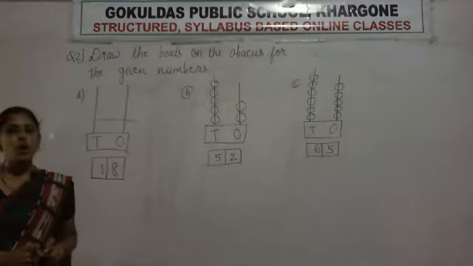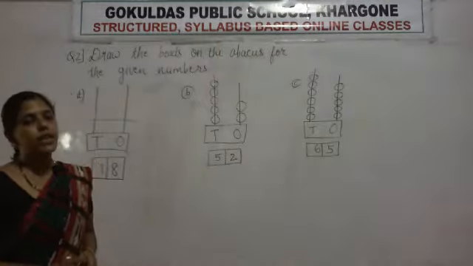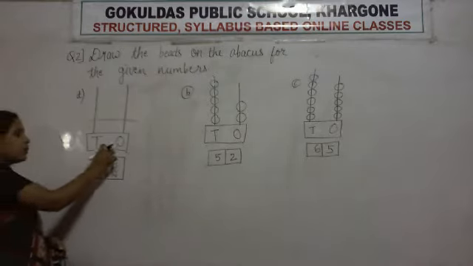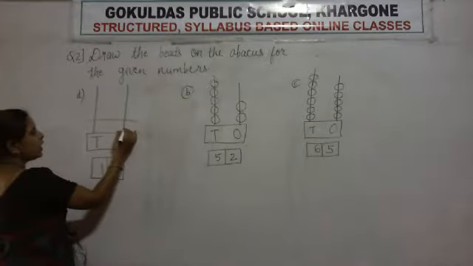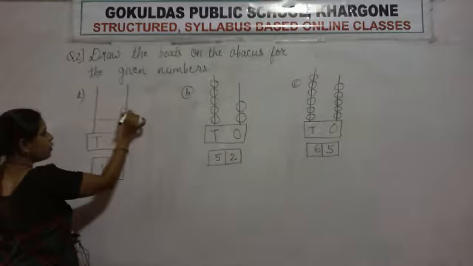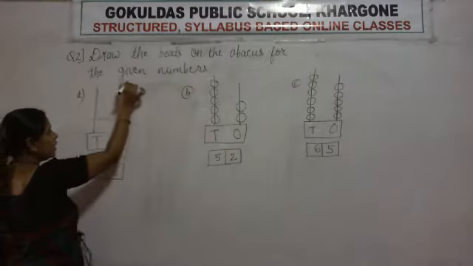We start drawing from ones place first. What is the number at ones place? The ones place number is 8. So how many beads do we have to draw at ones place? 8 beads. So draw 8 beads. 1, 2, 3, 4, 5, 6, 7, 8.